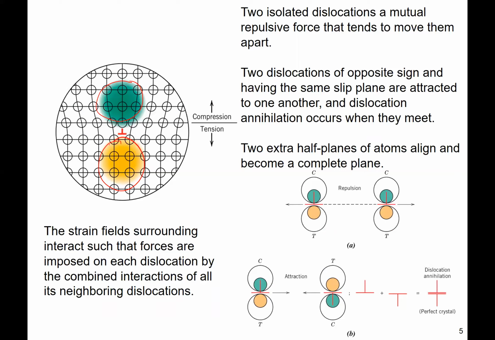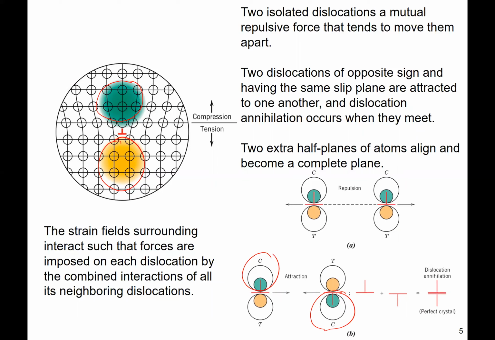The other thing that could happen is, let's say you have this compressive stress here and tension down here. As it starts to propagate, if it sees a dislocation of the opposite sign, so here your compression is up here, and your compression is now down here, as these two line defects approach each other, they can actually form a perfect crystal again.